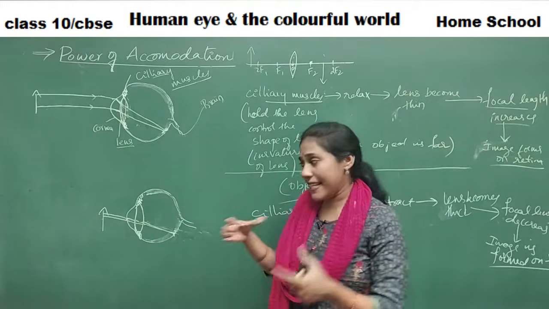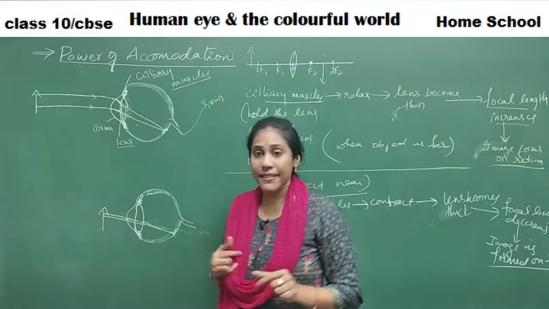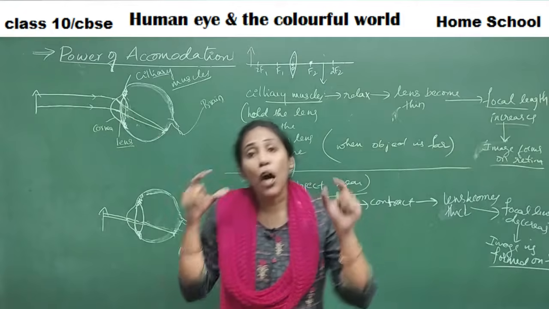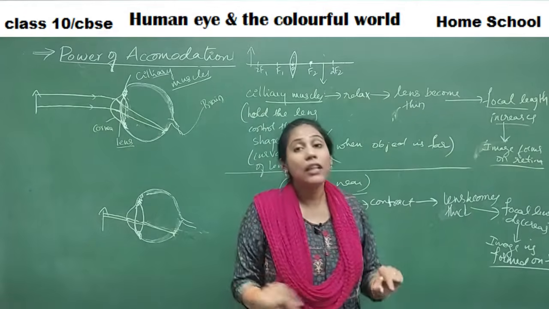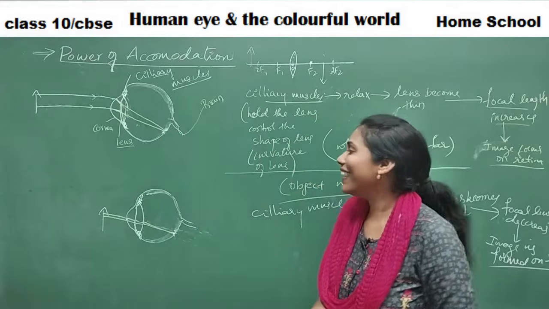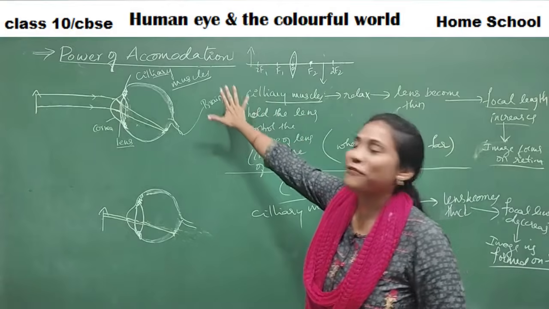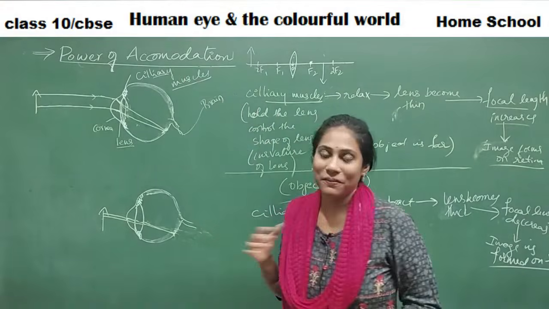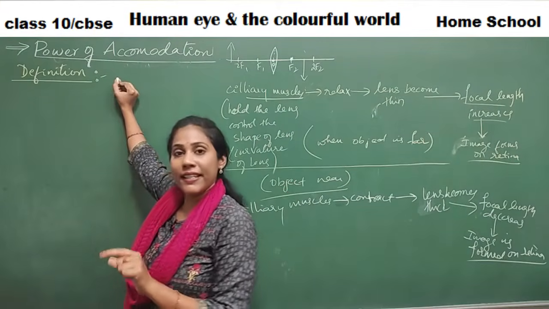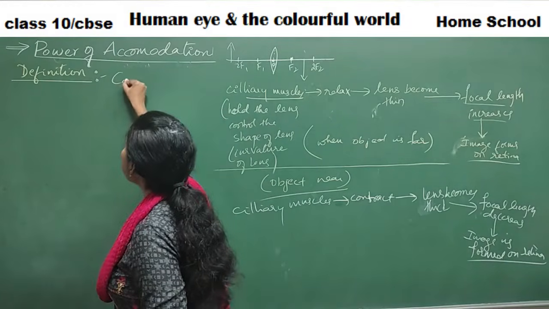So this kind of adjustment by the lens, to form the images on the retina, is called power of accommodation. Now let us try to write the definition for power of accommodation. Everyone, carefully try to understand what I am writing on the board.